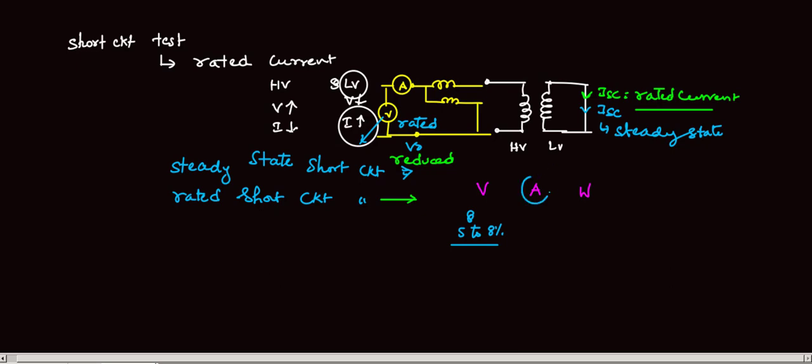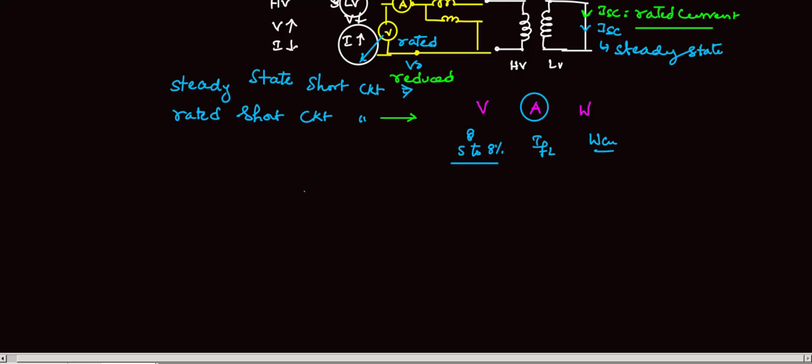The ammeter reads the full load current. The wattmeter reads the copper loss.